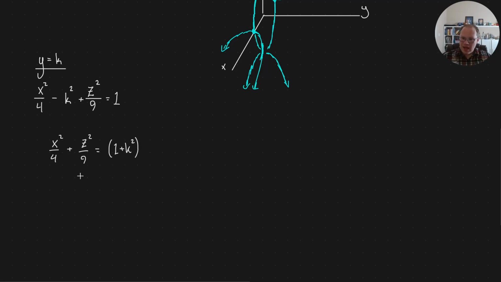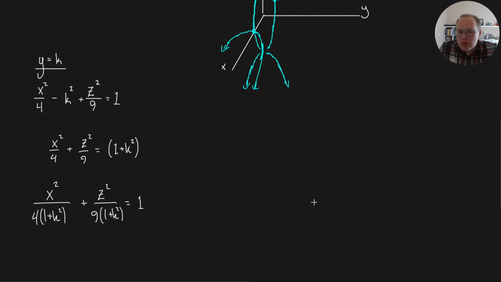Okay, I recognize this. This would be an ellipse, right? I just have something that's not 1 over here. So I'd have to divide by this. So x squared over 4 times 1 plus k squared plus z squared over 9 times 1 plus k squared equals 1.